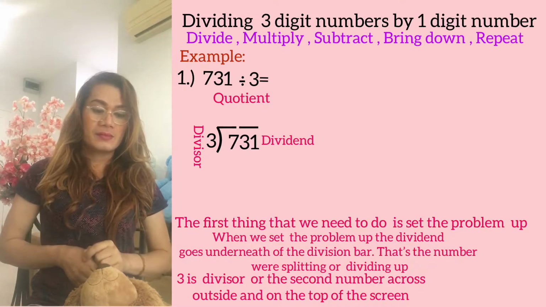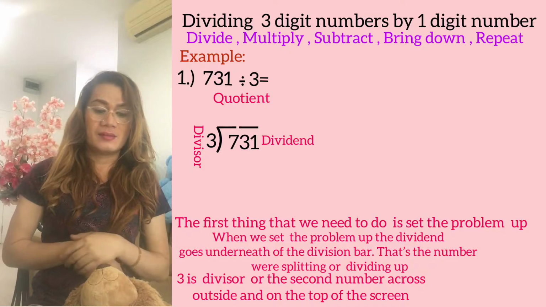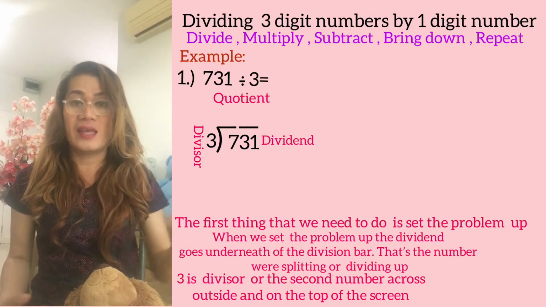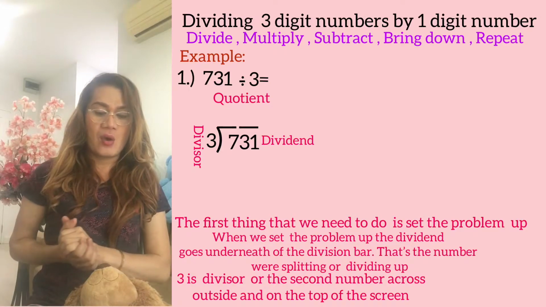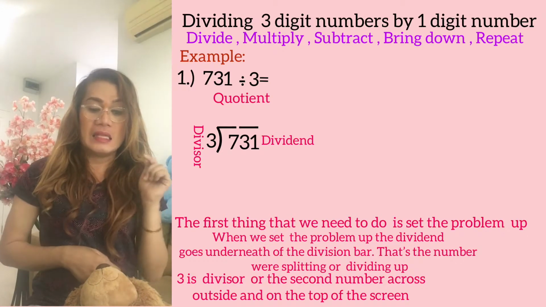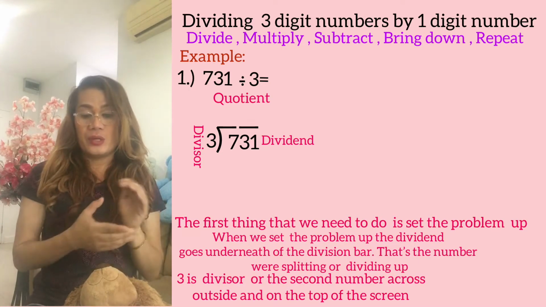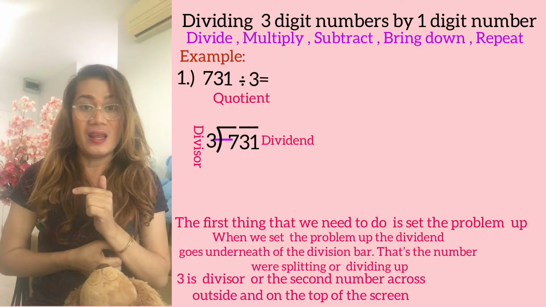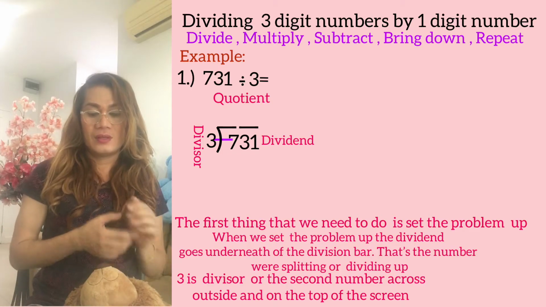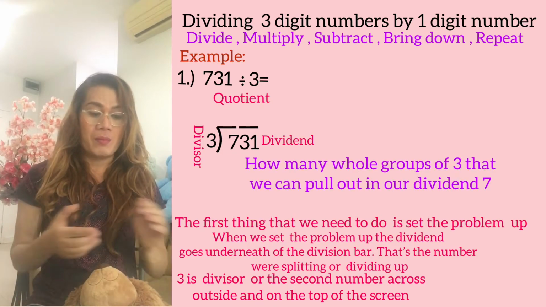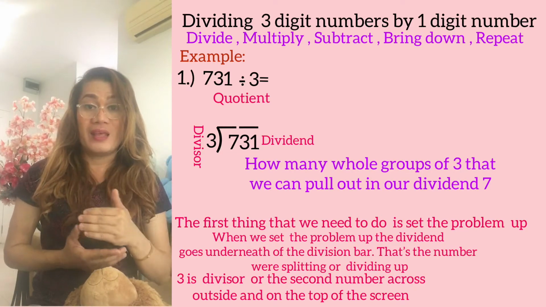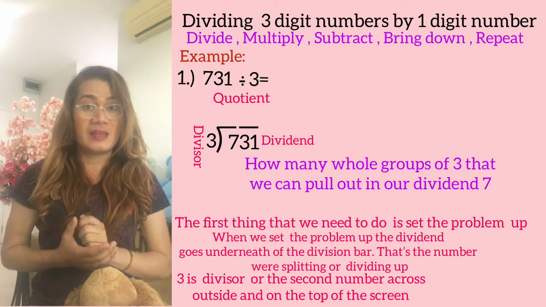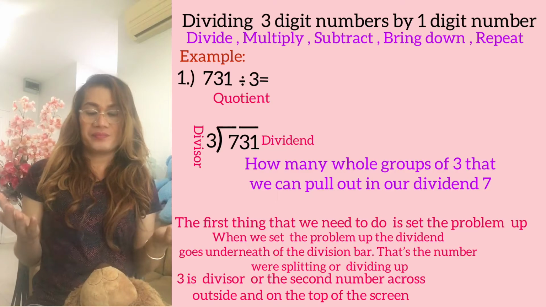The steps are: divide, multiply, subtract, bring down, and repeat. The first step is divide. So we need to divide 7 divided by 3. Think about it: how many whole groups of 3 can we pull out of 7?